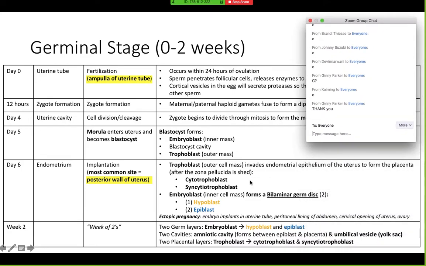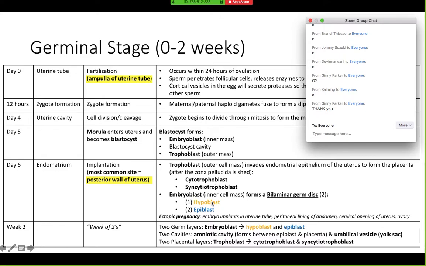The trophoblast, or the outer cell mass, is going to invade the endometrial epithelium to form the placenta. Invading the endometrium is the syncytial trophoblast, and then you also have the cytotrophoblast.